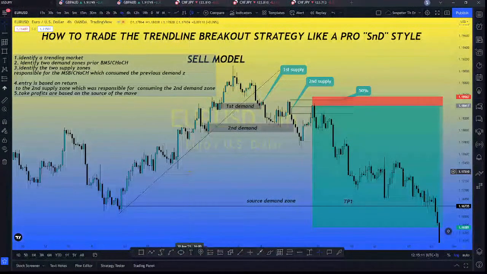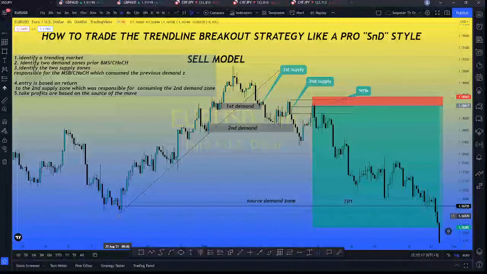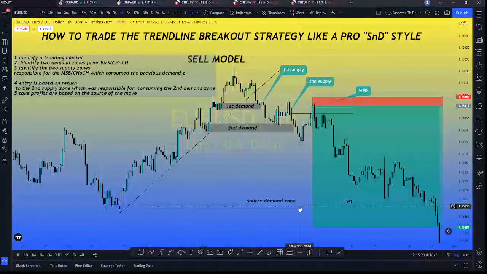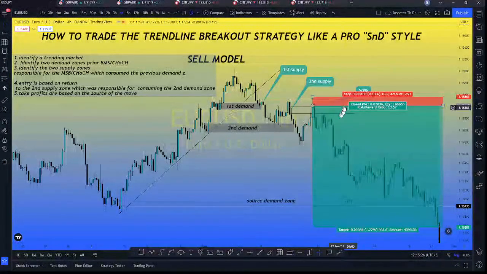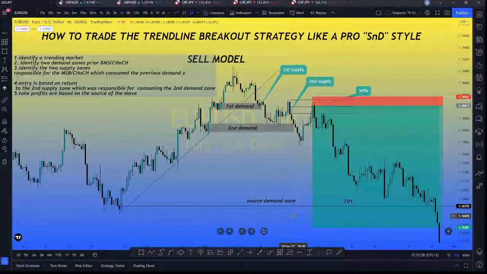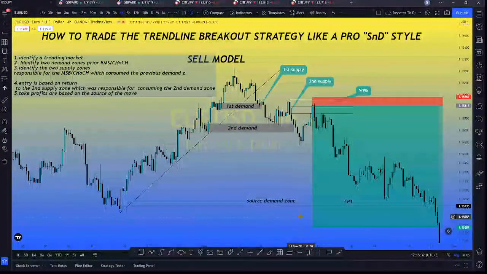It was a CAD JPY setup. I had indicated this as the lower low, the source. If the price touches or breaks the source before going up, you wait for a retest to the source and sell heavily. So that's another thing.